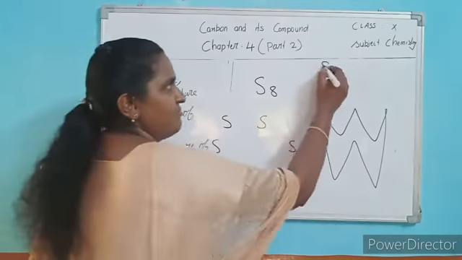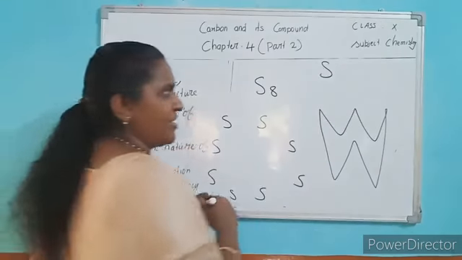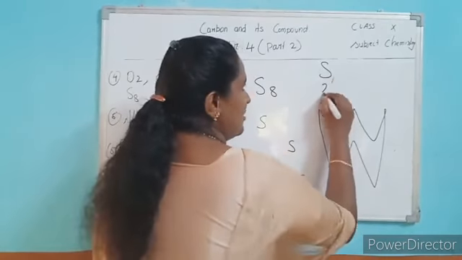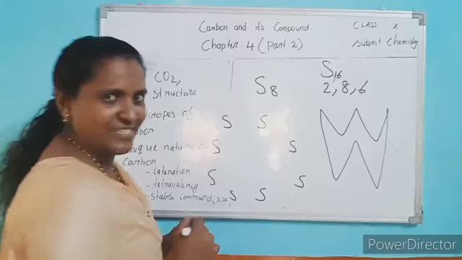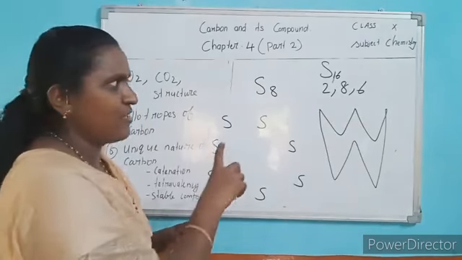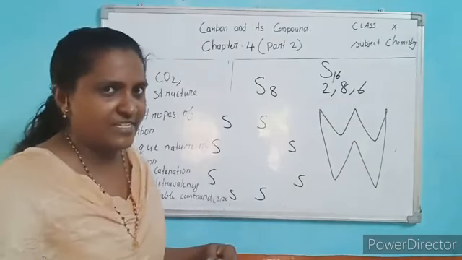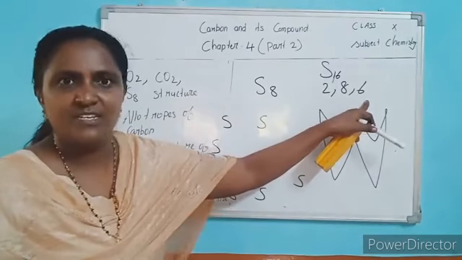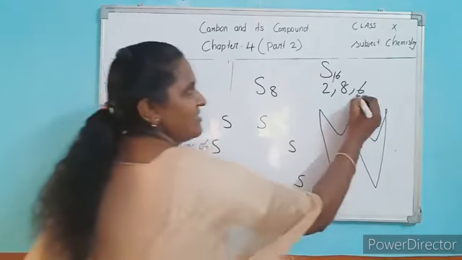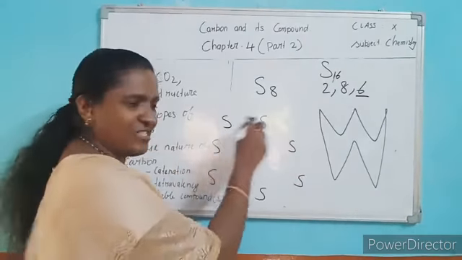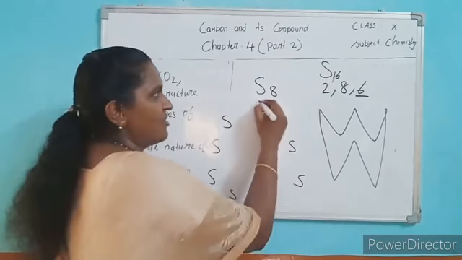And you know I told you the symbol, right, and its atomic number and electronic configuration. So what is it? Atomic number is 16. Electronic configuration 2, first shell 2 electrons, then second shell 8, remaining 6 is left. 6 electrons are left. You write it in the last shell. Now you mention only the last shell electrons because we are going to draw the dot structure now.